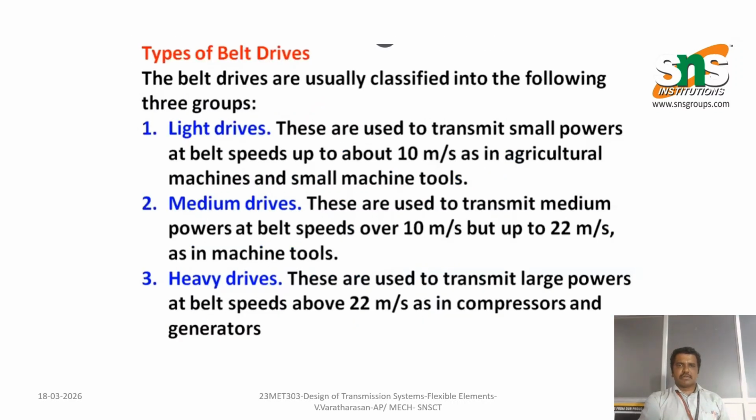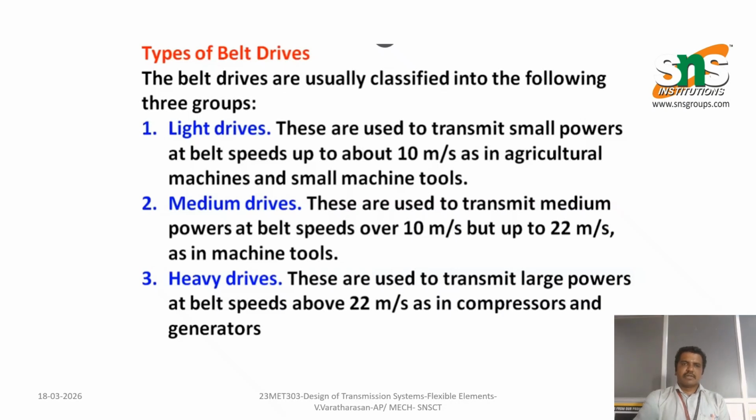We have also seen the types of belt drive. Belt drives are usually classified into three groups: light drives, medium drives and heavy drives. Light drives transmit small power at belt speeds up to about 10 meter per second, as in agricultural machines and small machine tools.